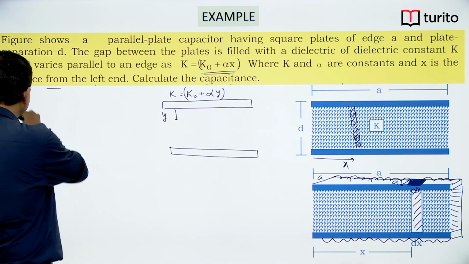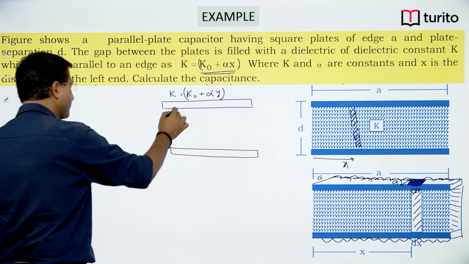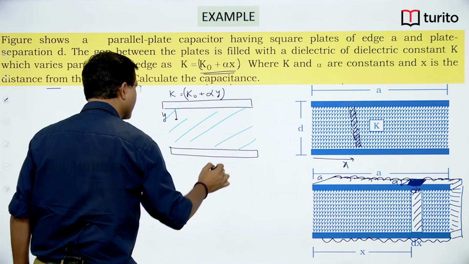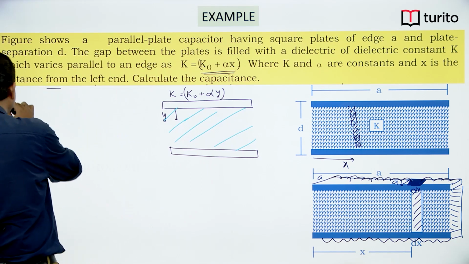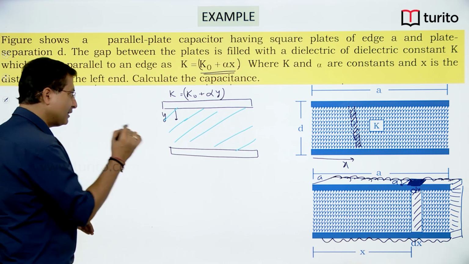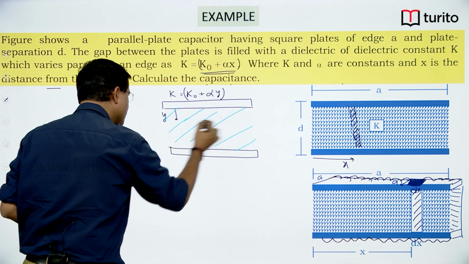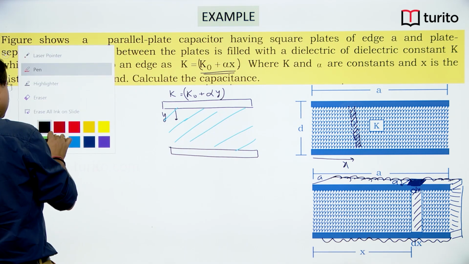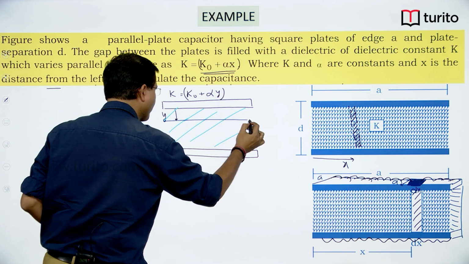Now, you can see as k varies with y, I need to consider the slab this way.